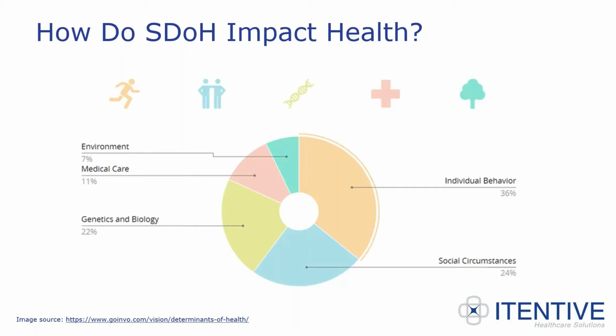So this research is really what solidified the saying I'm sure almost all of you have heard when it comes to talking about this topic, that upstream determinants or social determinants account for 80% of health outcomes, whereas only 20% of health outcomes are a direct result of medical care, or what we call downstream determinants.